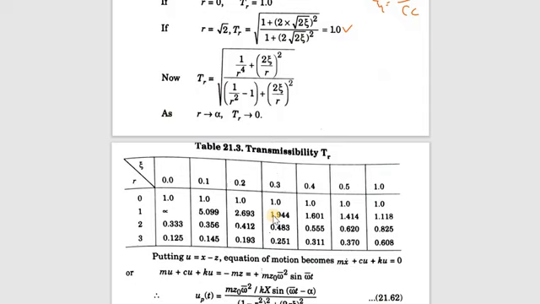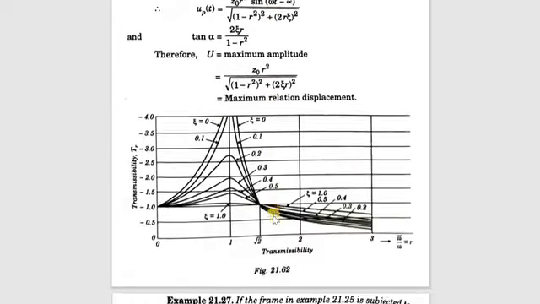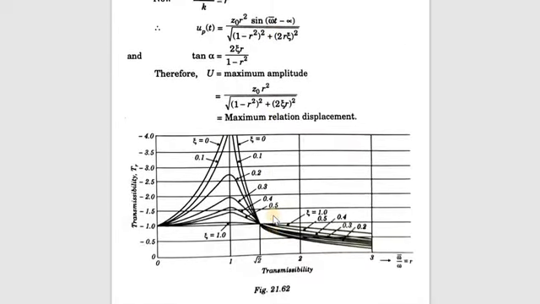Likewise, for each value of R and theta, the transmissibility will vary. It is just a table, you just need to have an idea. If I plot these terms, I will get a variation like this. You can see at R equal to root 2, the term will be 1. Root 2 is an important condition.